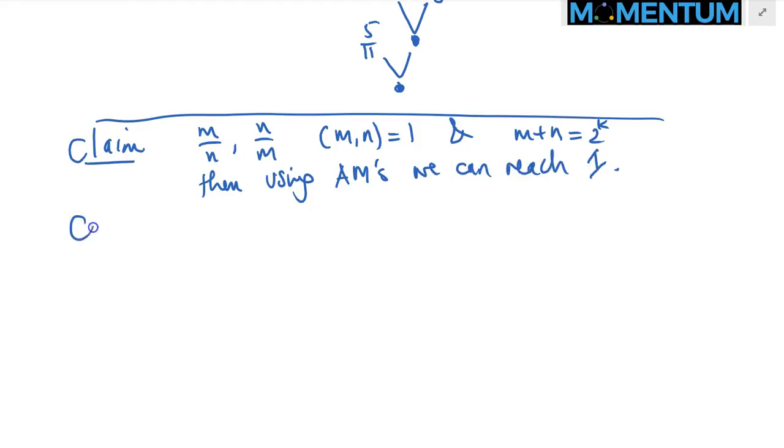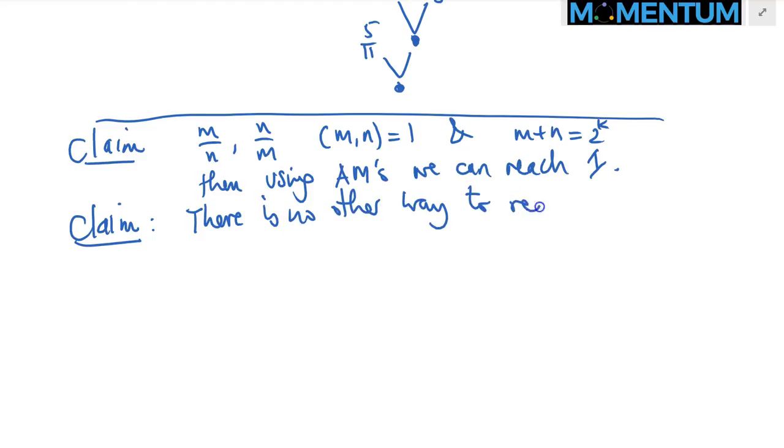And now I further claim there is no other way to reach 1, even when using harmonic means. And it turns out that this part is very easy.